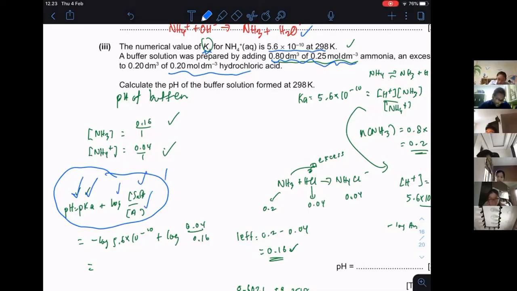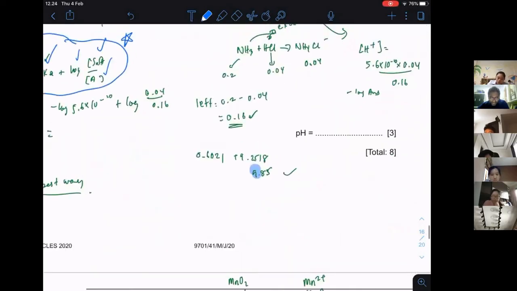But in this question, I will not suggest you to use this, because if you use that, this is salt divided by acid, but ammonia is not an acid. So if you use this formula blindly, you will get a different answer.